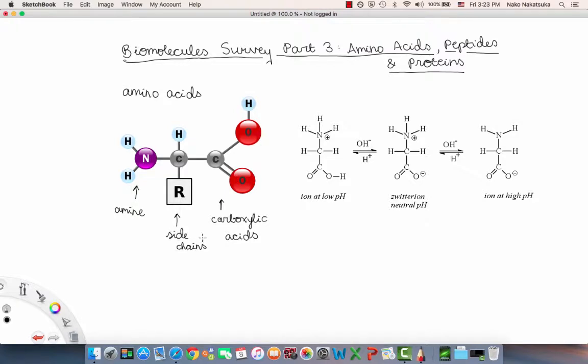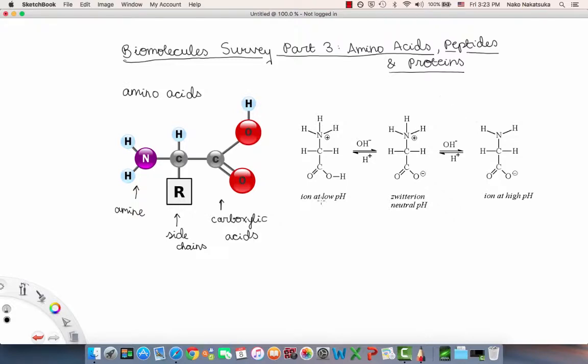We're going to go over 20 essential amino acids that you will have to memorize for this course. For each one, they all have this amine group and this carboxylic acid group, and they all differ in their R group. Basically, an amine plus a carboxylic acid allows for proton transfer to be possible, right?